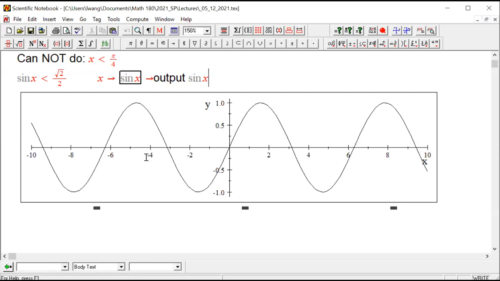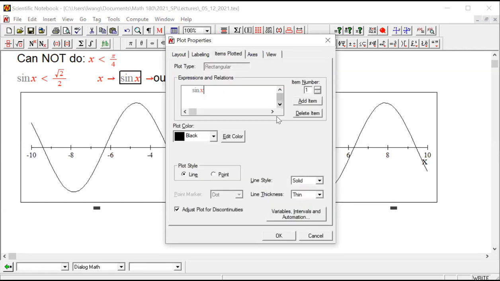The input is horizontal. The output is vertical. The output is given. We want the output to be less than root 2 over 2. And how do we identify that? What we do is draw this output, square root of 2 over 2, as a broken line.